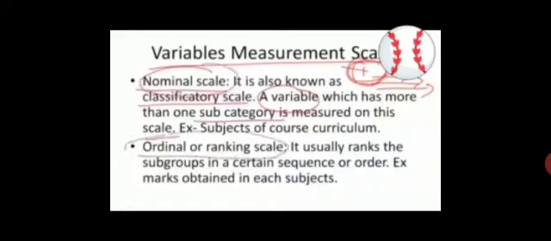Next is the ordinal or ranking scale. It usually ranks the subgroups in a certain sequence or order. For example, marks obtained in each subject. This is relevant to ordinal, meaning we keep things in order or in ranks.